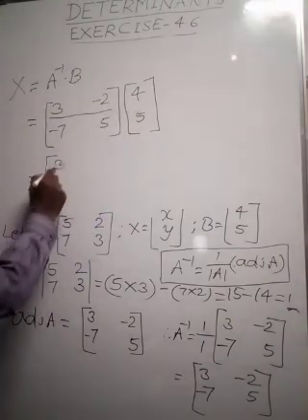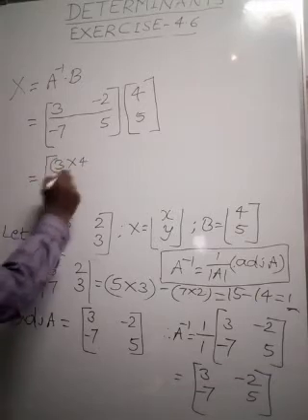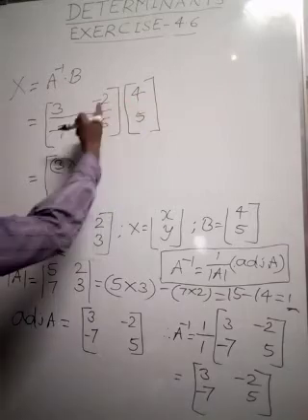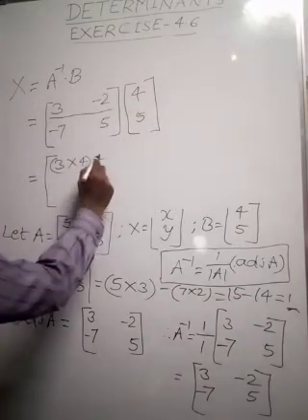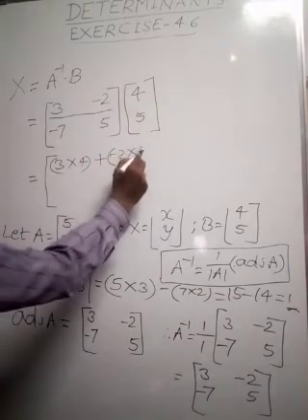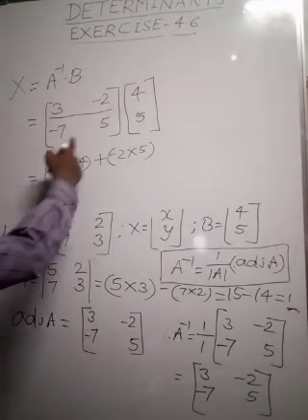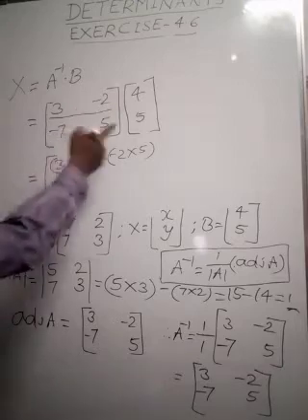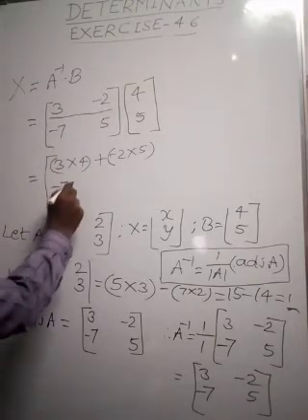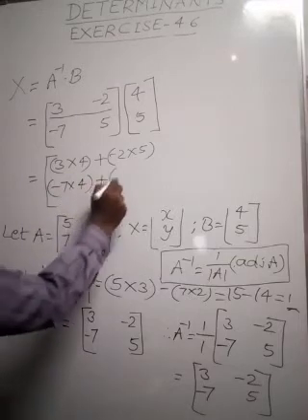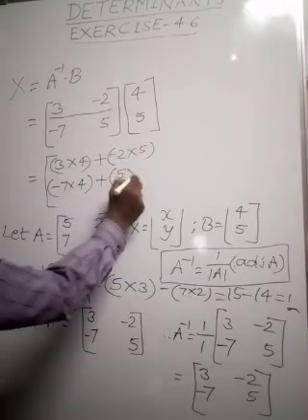So 3 into 4, first element and first element, then second element and second element: minus 2 into 5. Okay, my dear children? Now the first row is over. Now take the second row. So minus 7 into 4 plus 5 into 5.